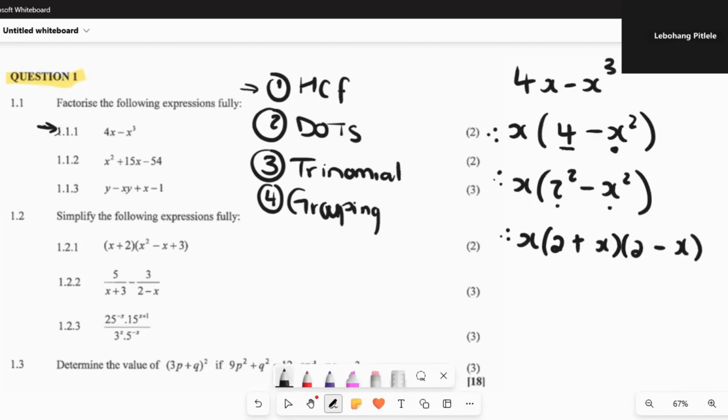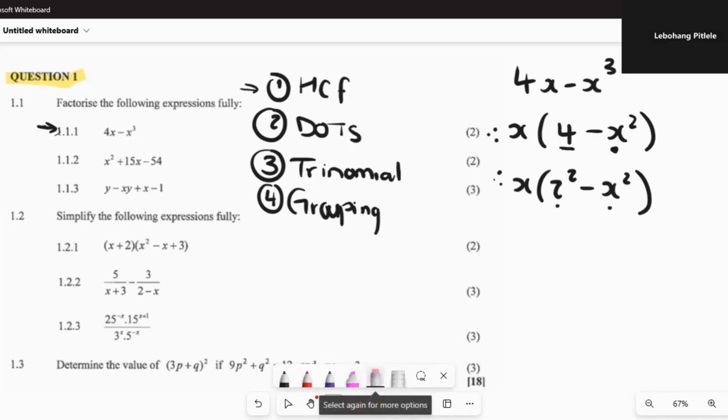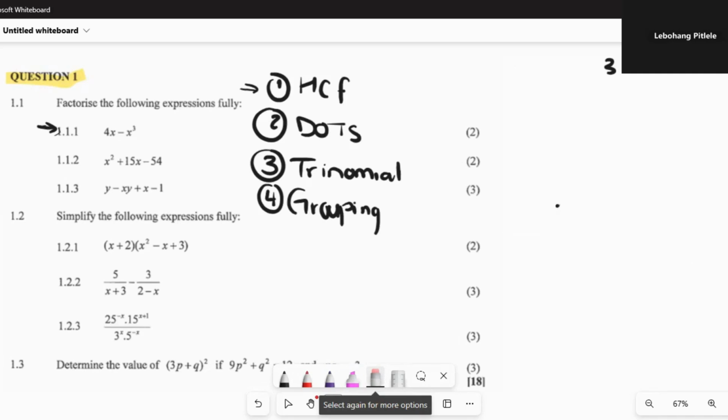Going on to the second one now. On the second one there, we go to our steps again. Quite easy. We're given x squared plus 15x minus 54.